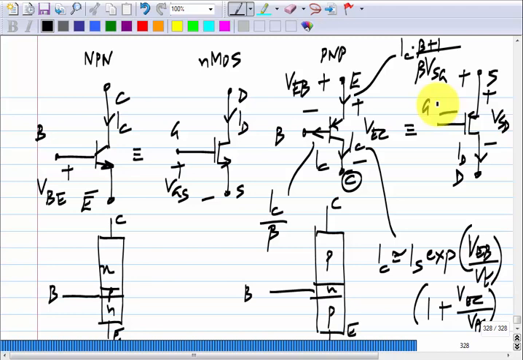Electrons are injected into the base and then they shoot into the collector, and similarly in case of PNP, holes shoot from the emitter to the base and then they also go through to the collector.